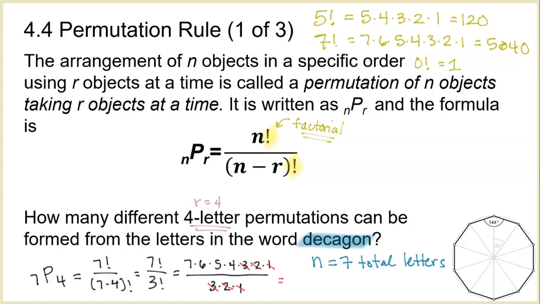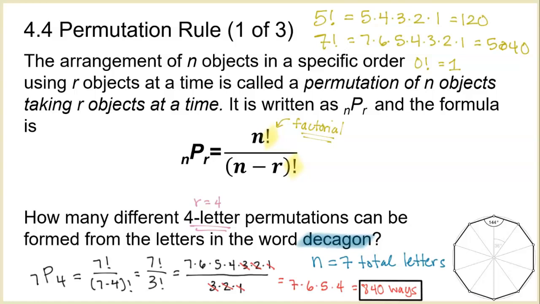And then really we're multiplying 7 times 6 times 5 times 4, which is 840 ways that we can arrange the letters in decagon to form different words.